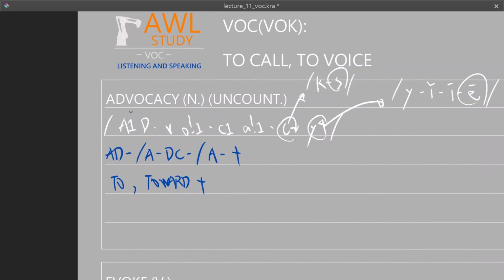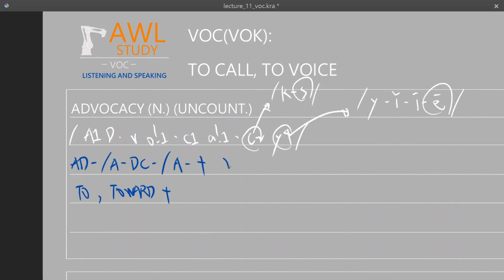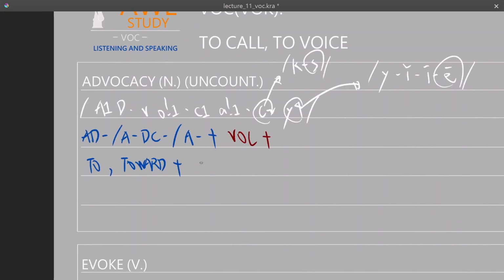And we have the root VOC, which means to voice.